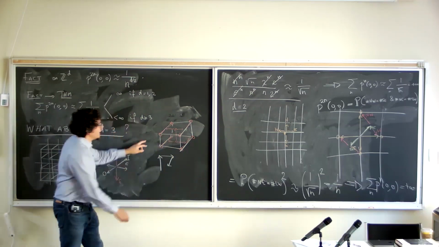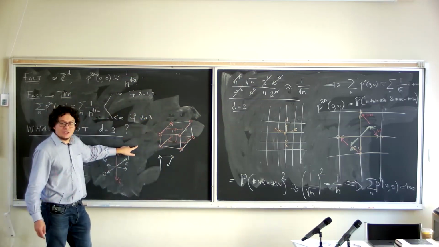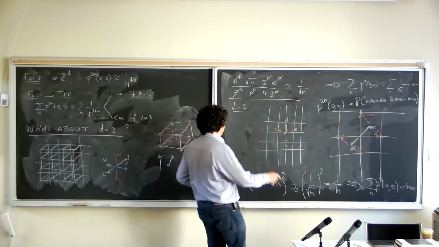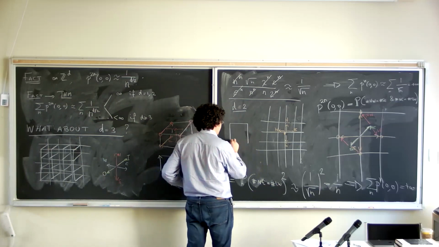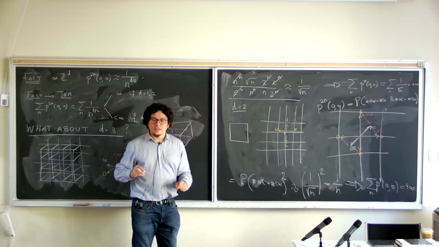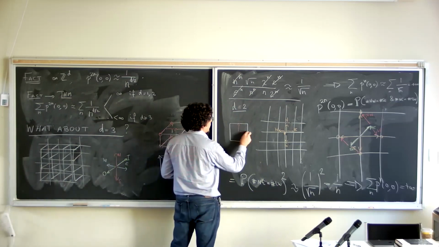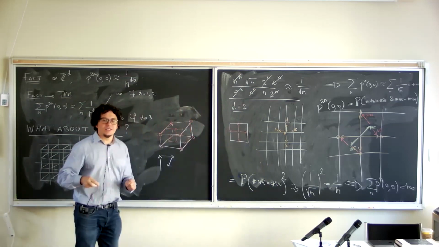So why is it easier in 1 dimension and 2 dimensions rather than 3 dimensions? Well, in 2 dimensions we have a square, and we have the faces of the square, the sides, which are the original ones.